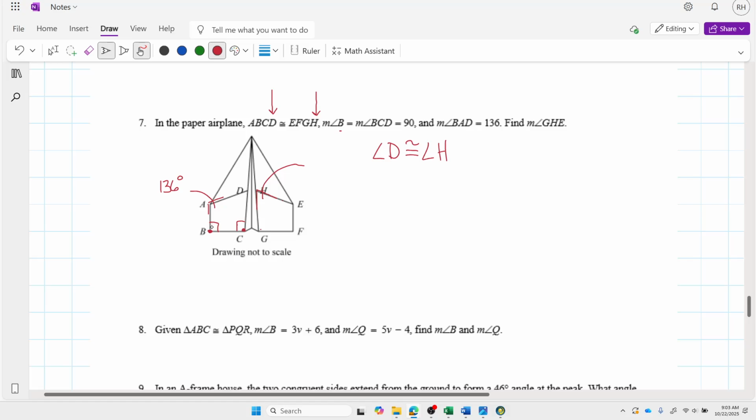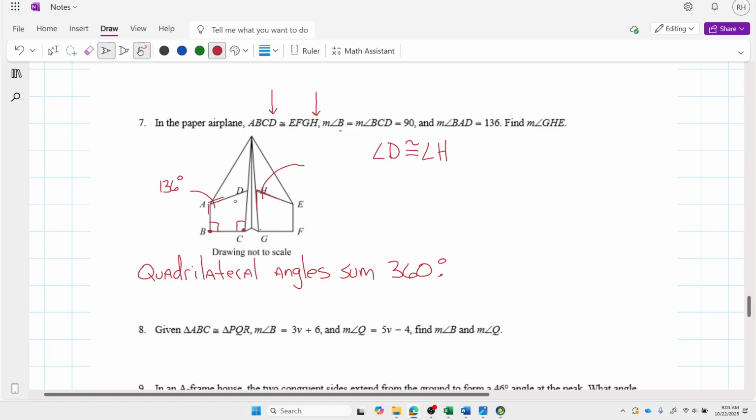So in a four-sided shape, okay, in a quadrilateral, quadrilateral angles sum 360. That means the four angles in each shape sum 360.